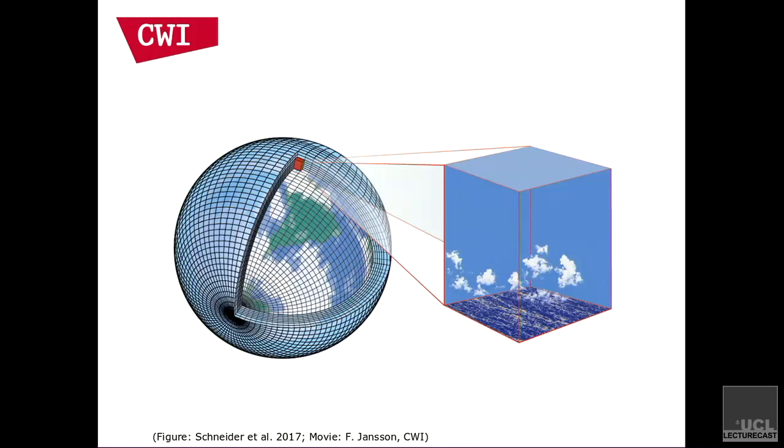Depending on how high these clouds form in the atmosphere, they can either trap the heat when they're low, or if they're very high, they can have a net cooling effect by reflecting radiation back into space. So you need to take them into account somehow. In this work at the CWI, at certain strategically placed locations, they've done LES simulations inside the climate model cells.